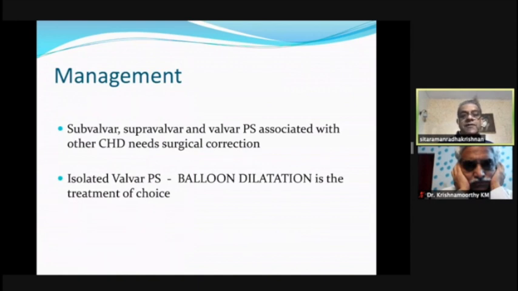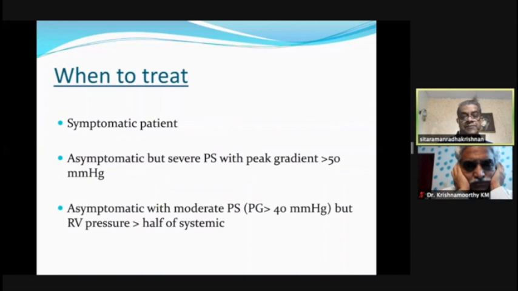Subvalvar, supravalvar can also be associated with other forms of congenital heart disease. For isolated valvar pulmonary stenosis, balloon dilatation is the treatment of choice. No questions asked. Straight away they go for balloon dilatation. Whereas if you have subvalvar and supravalvar, only surgery can be helpful in this group of patients.